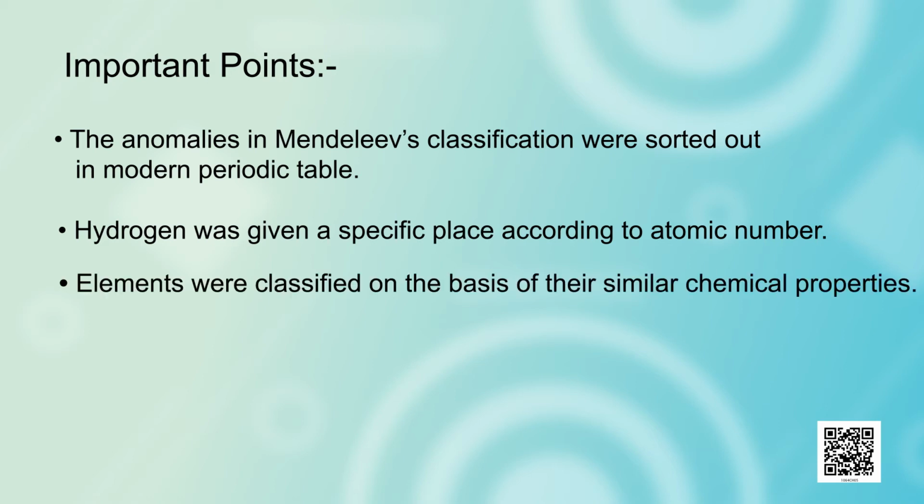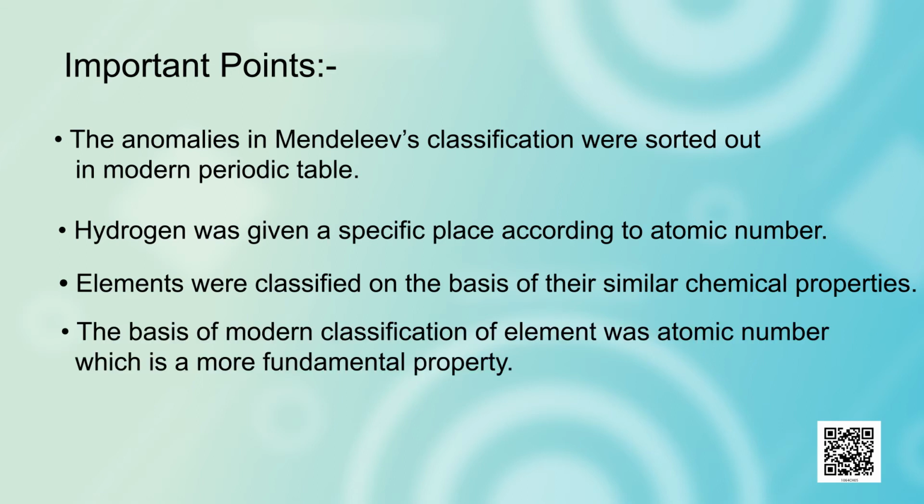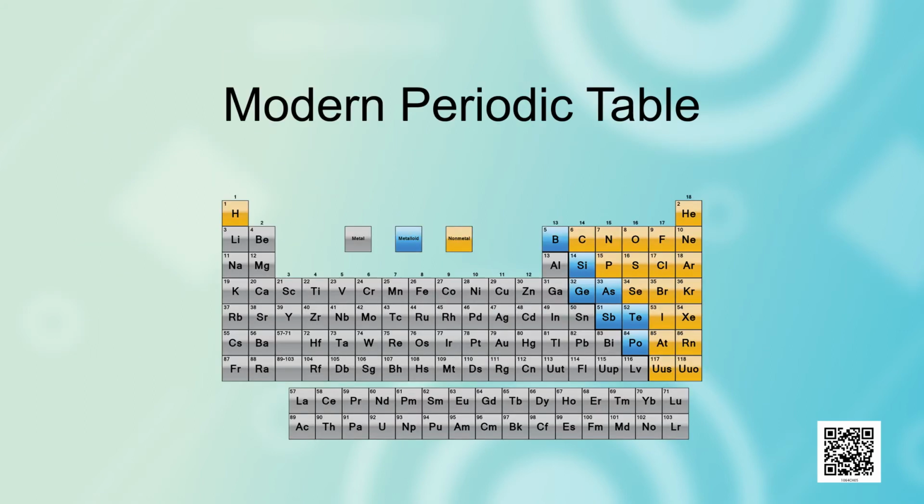Elements were classified on the basis of their similar chemical properties. The basis of modern classification of elements was atomic number, which is a more fundamental property. Let's have a look at the modern periodic table.